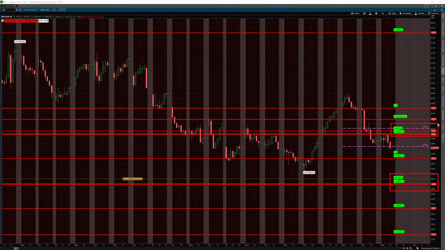Up here is a combo level, the 4,000 key gamma strike, then the 4,005 volatility trigger, and way up above is the 4,200 call wall. Those are some of the key levels in play for today. That's a 20-day 1-hour chart, just showing a bigger picture view.